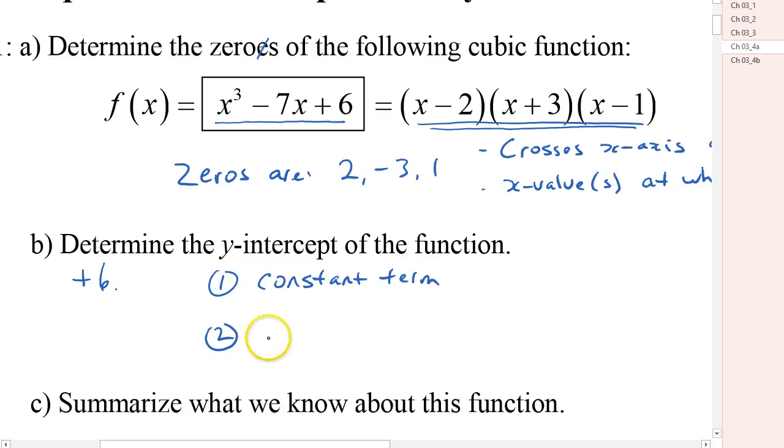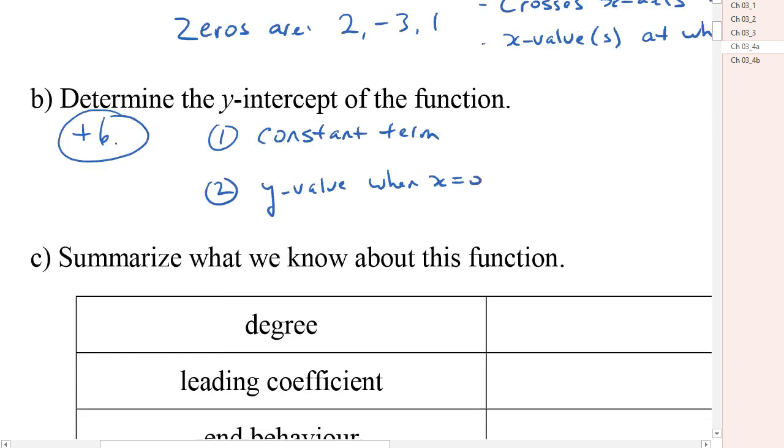This is the y value when x equals 0. So when x equals 0, really you're multiplying -2 times +3 times -1, and you get that +6 again. So there are two ways of looking at it.